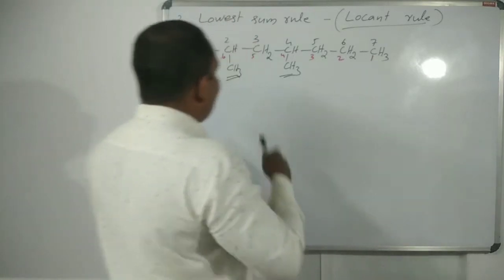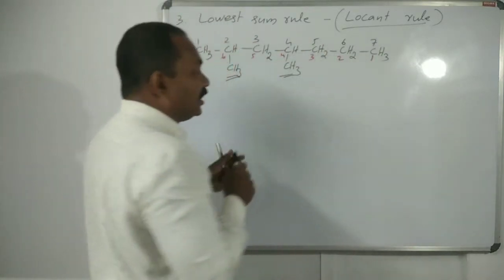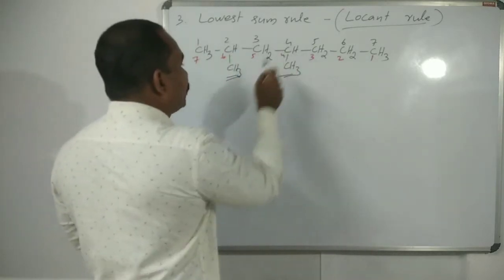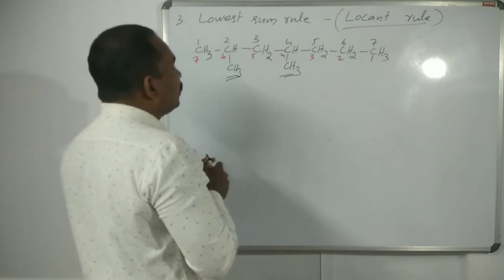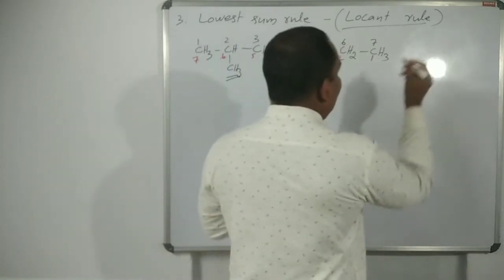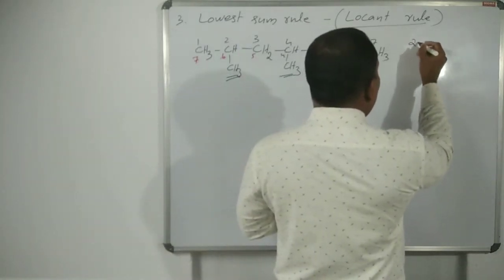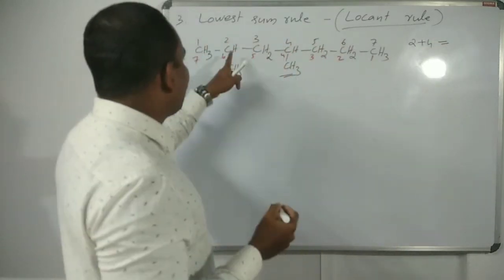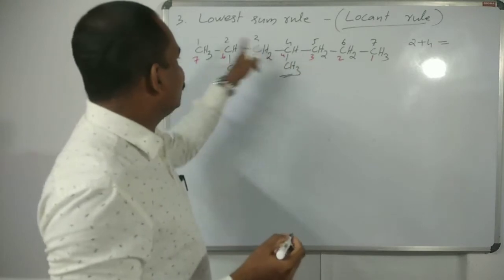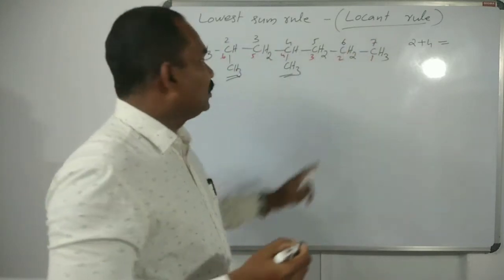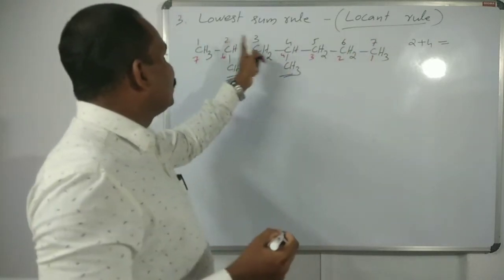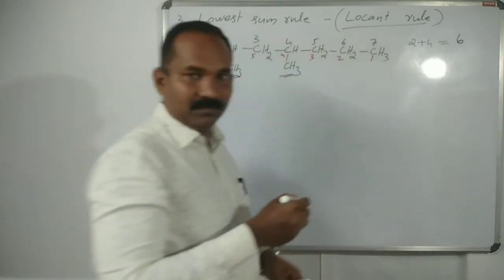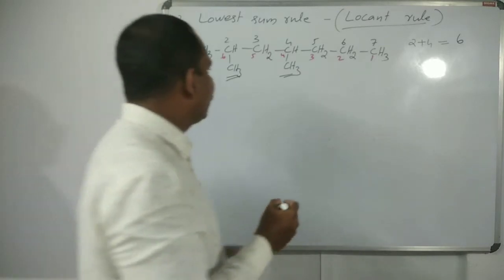Considering this numbering, the second and the fourth positions contain substituents. So we take 2 plus 4, the sum is 6.